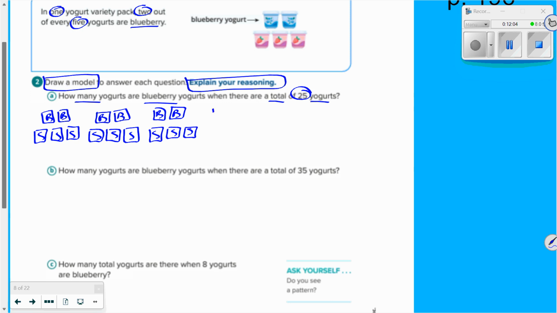Another set, 20. And another set, 25. So now I know I have 25 yogurts. How many of them are blueberry? 10. So there are 10 blueberry yogurts.